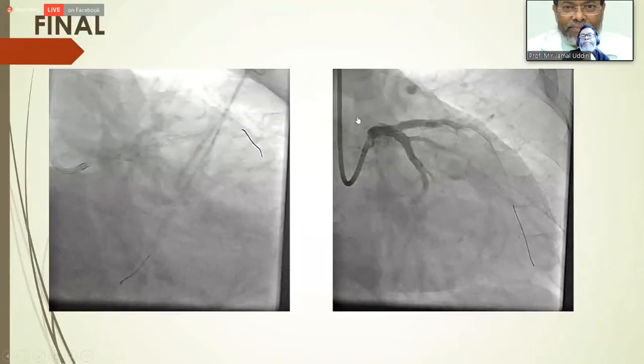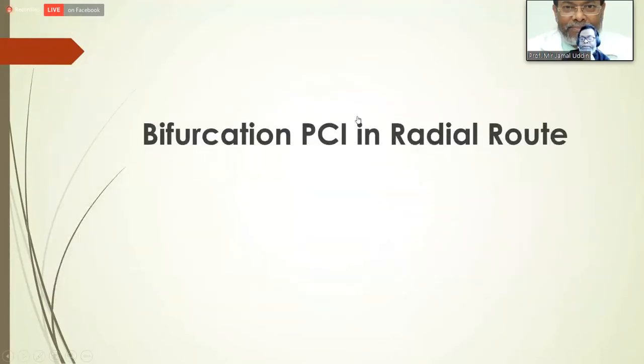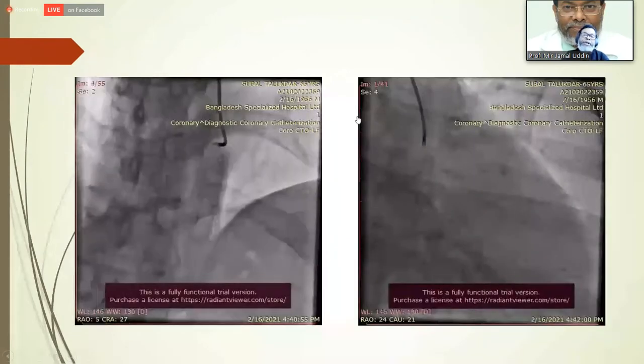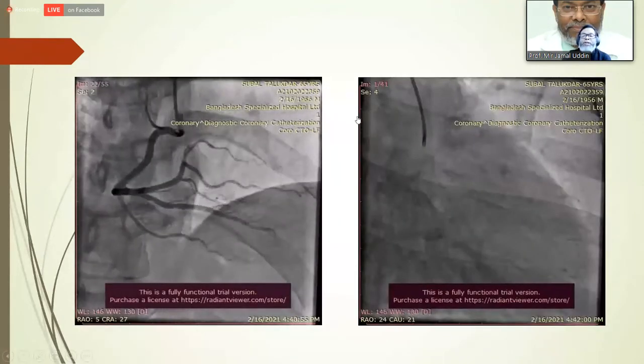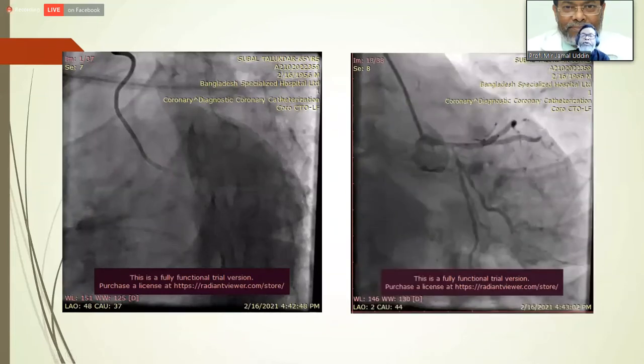This is the result after the procedure, and this is the IVUS result after the procedure. And bifurcation PCI in radial: you see the RCA is all right, but there is LM stenosis as well as LAD and LCX ostioproximal.